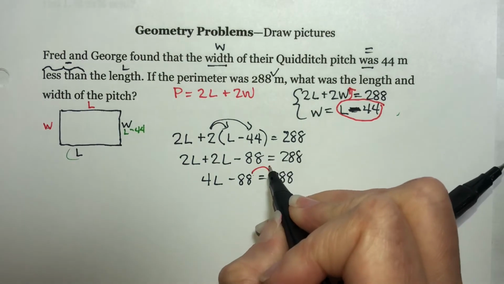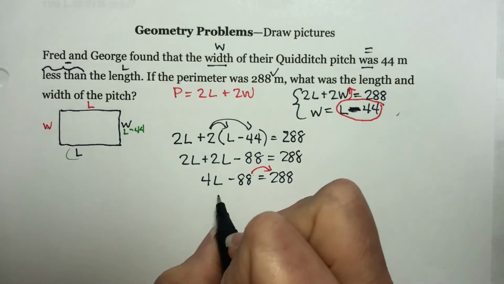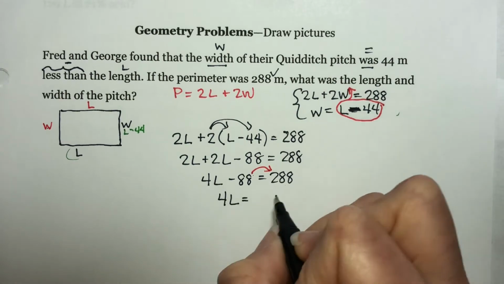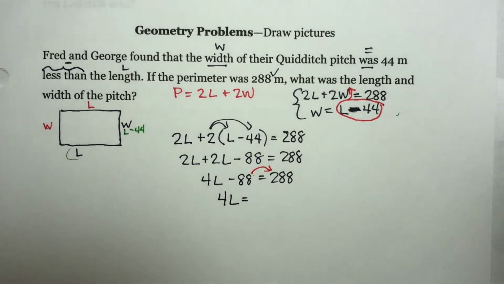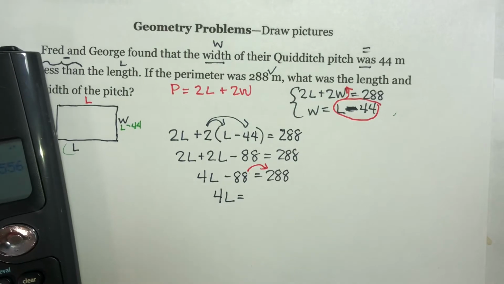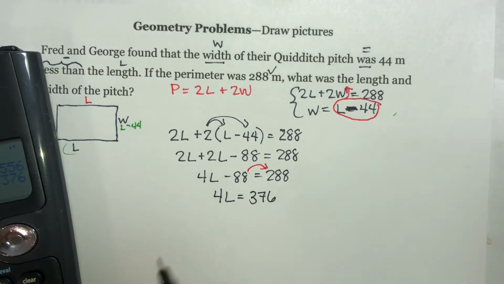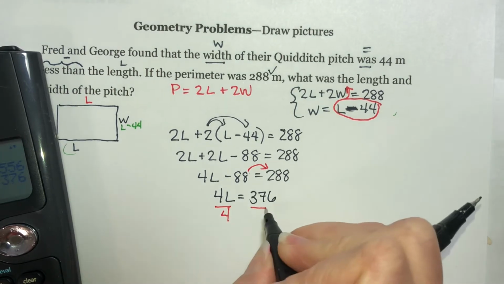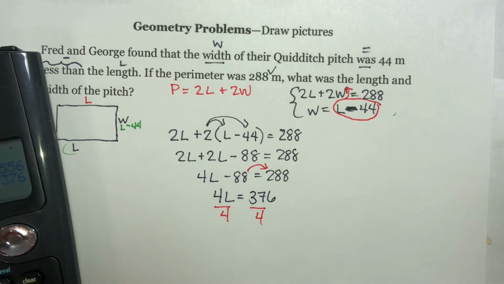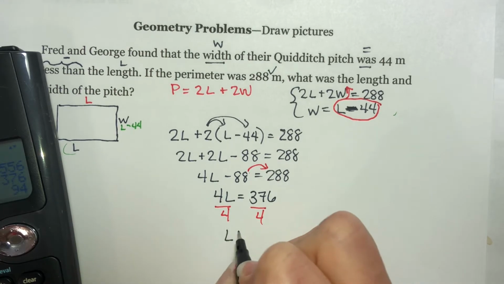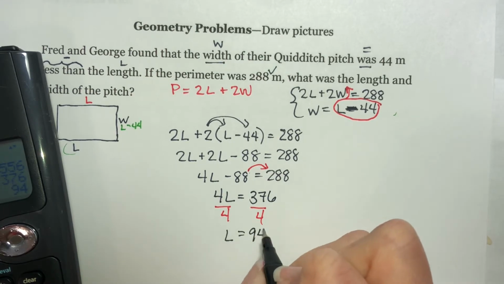So let's add 88 to both sides. And we get 4L is equal to, what is 288 plus 88? You get 376. Now let's divide both sides by 4. And we get the length is 94.